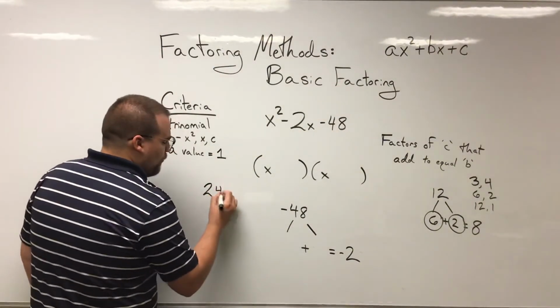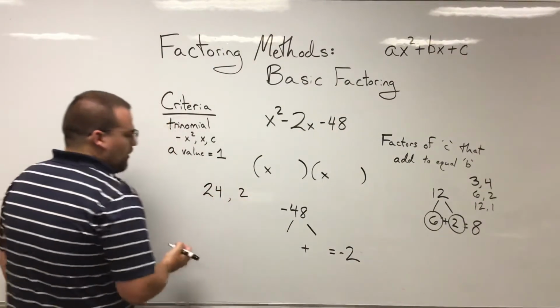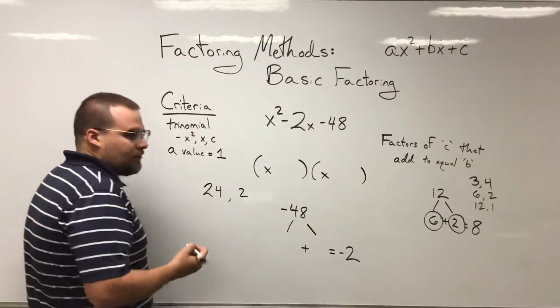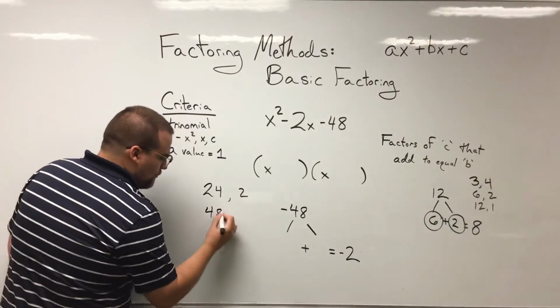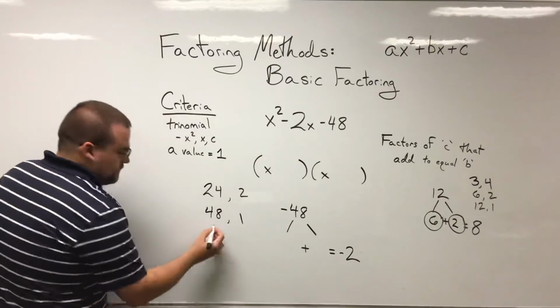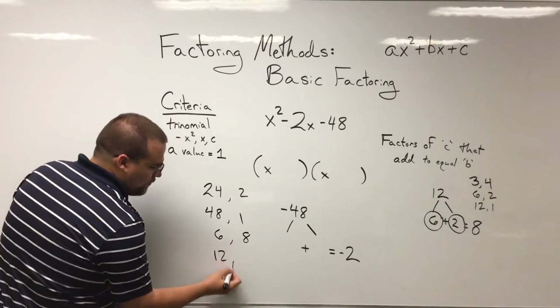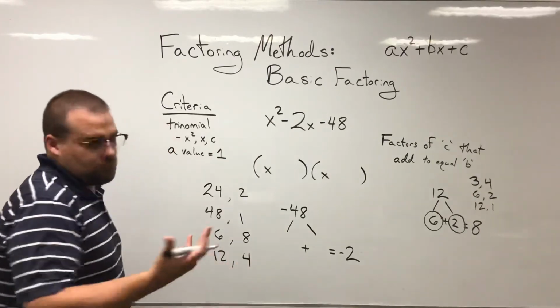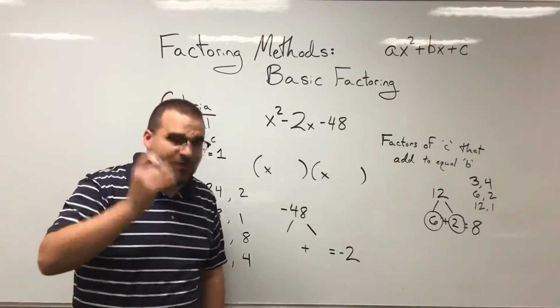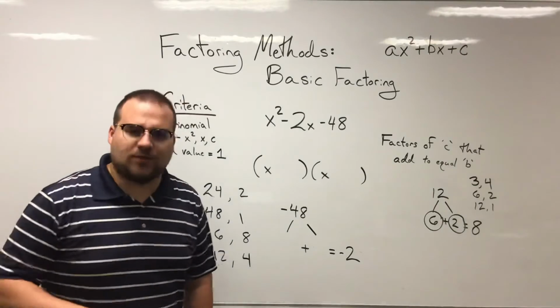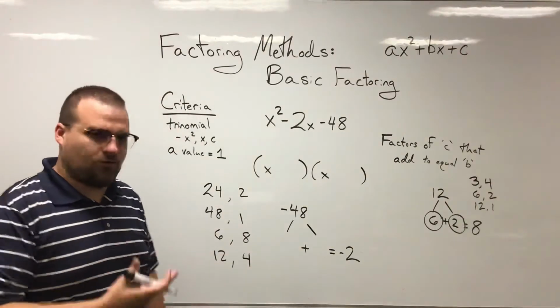We already said 24 and 2. What else? 48 and 1. 6 and 8. 12 and 4. There may be one or two more that I'm not thinking of right now, but I've got a pretty good list. Let's check it so far.